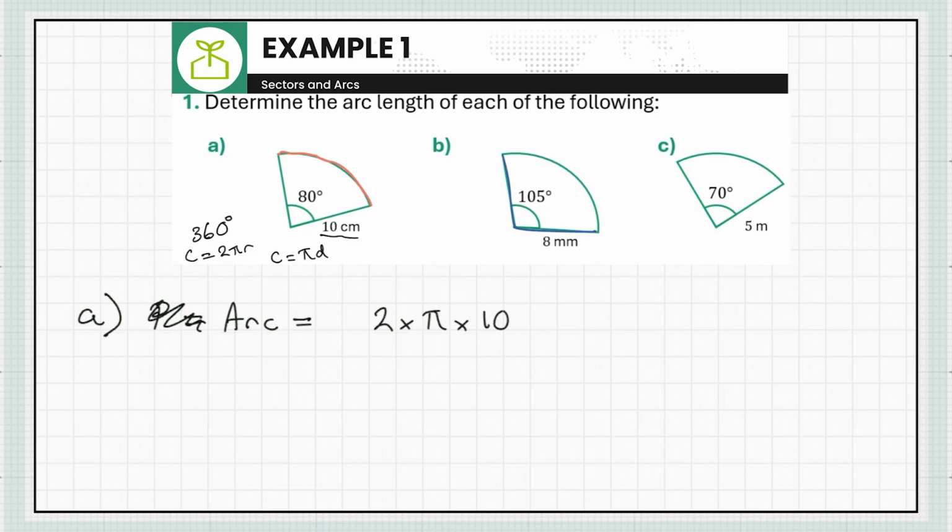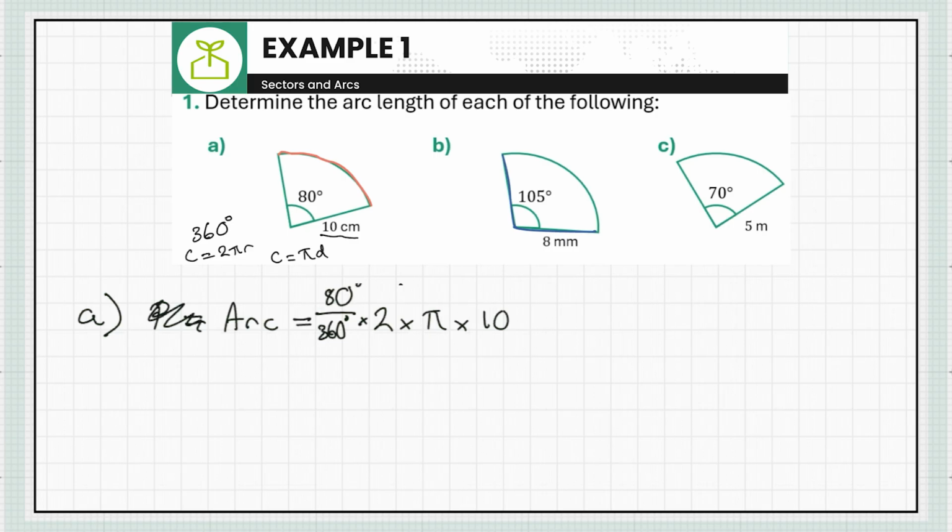Now that would be for the entire circle, but because we only have a certain portion or fraction of the circle, what we need to do is multiply this again by the fraction of the circle. Again, this will be 80 degrees over our total, which is 360 degrees.